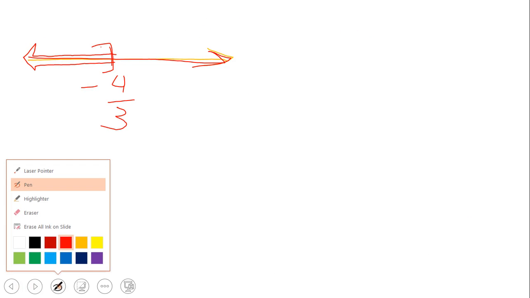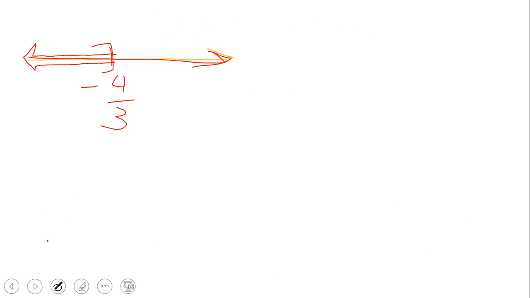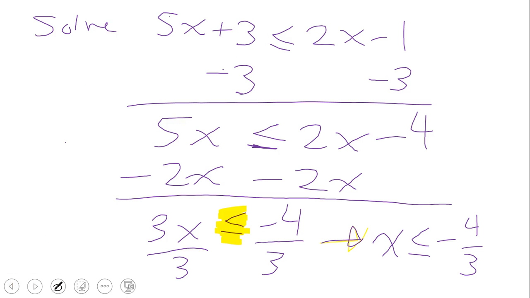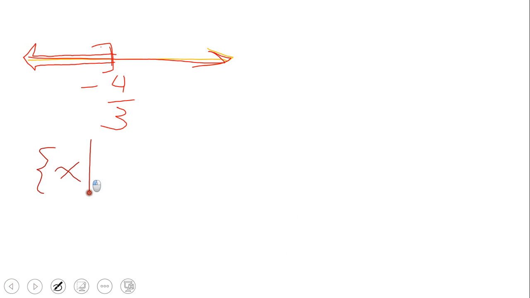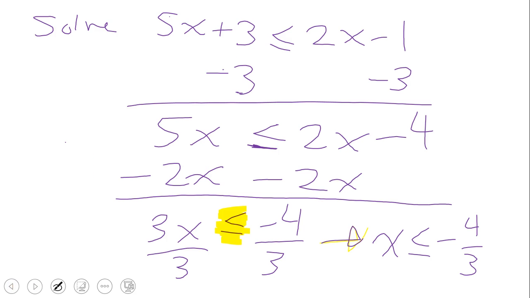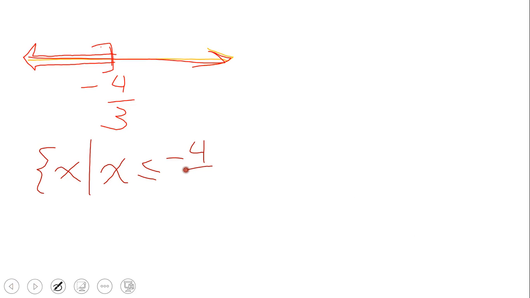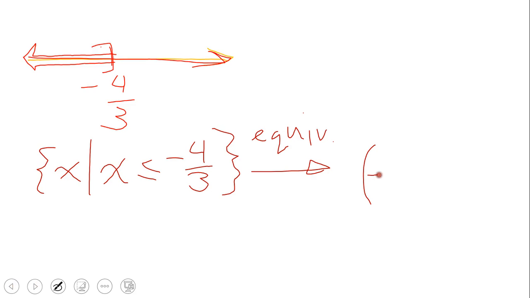To be technical about it, I didn't really stress it in the first one, but technically I should write this as all x's such that x is less than or equal to -4/3, or equivalently, I can write this as going from -infinity and stopping at -4/3, and including it.